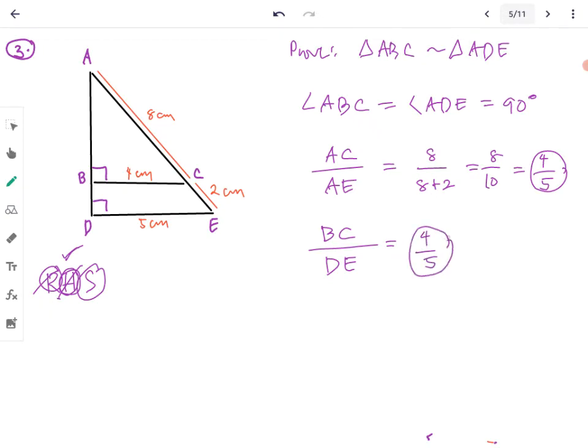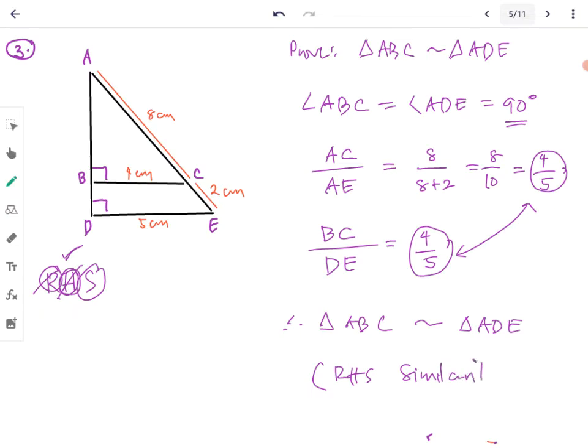The ratio of the side and the ratio of the hypotenuse are equal, and there is a presence of right angles. Therefore, we can conclude that triangle ABC is similar to triangle ADE. This is by RHS similarity.